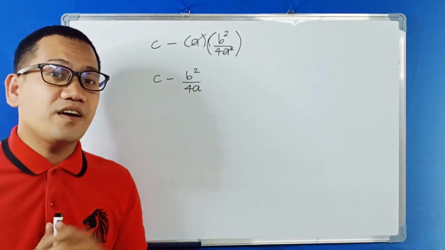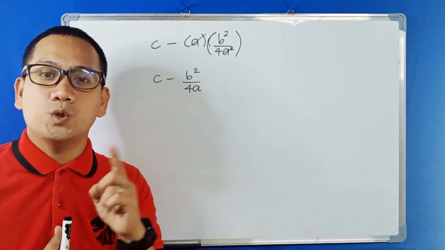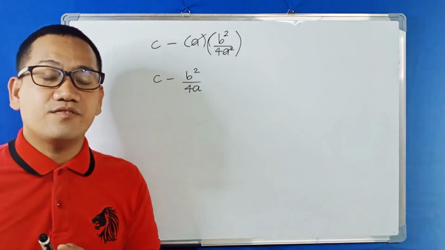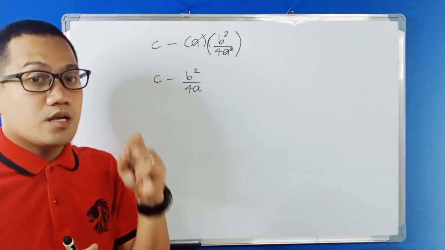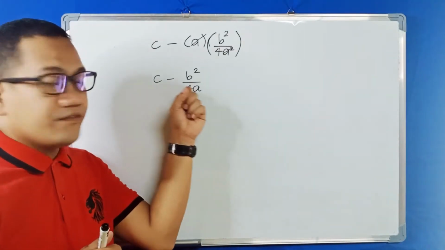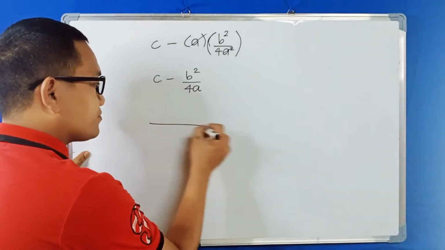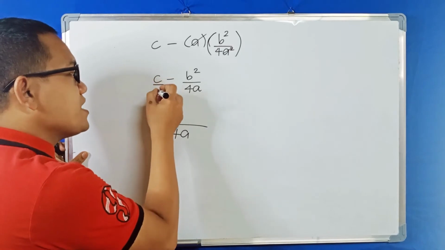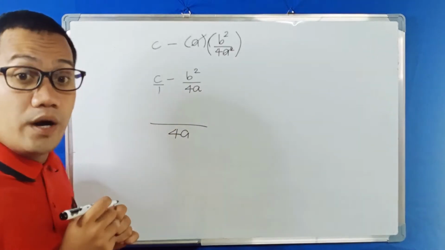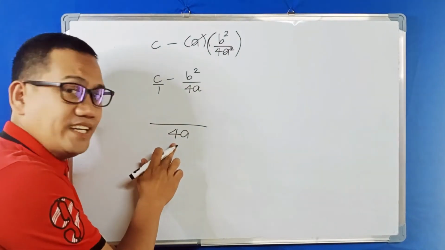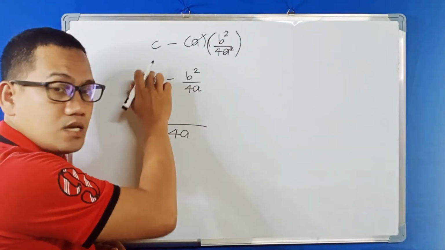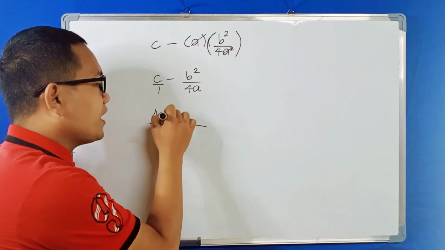After this, to simplify this expression, we will apply the rules in adding or subtracting fractions, and that is to find their LCD. The common multiple between 1 and 4a would be 4a. It is understood that our c here has a denominator of 1. So 4a divided by 1, that is 4a, times c, we have 4ac.